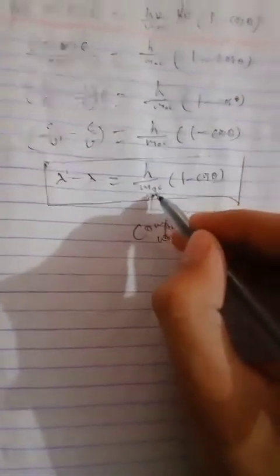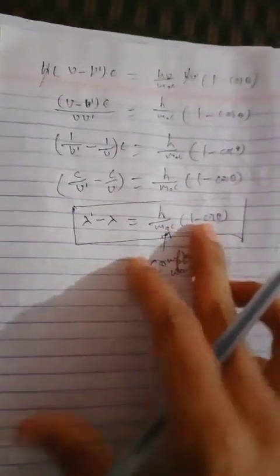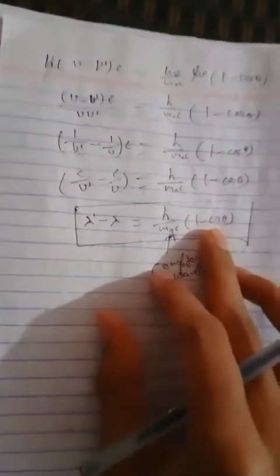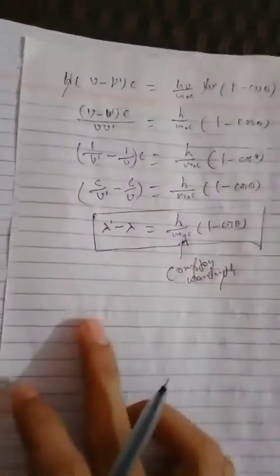Alright, because the unit of h upon m naught c is just meter, and meter is the unit of lambda, which is wavelength. In 1 minus cos theta, remember that theta is the scattering angle of the photon, and this equation gives the change in the wavelength of the photon or the light or any wave that you are using.